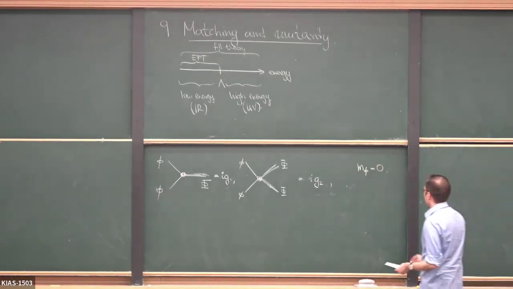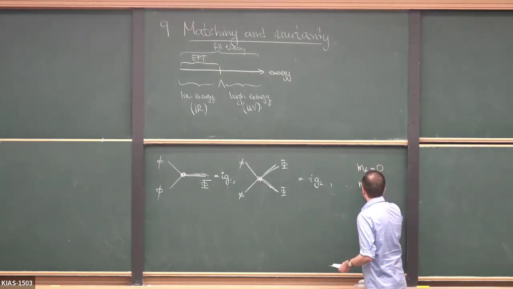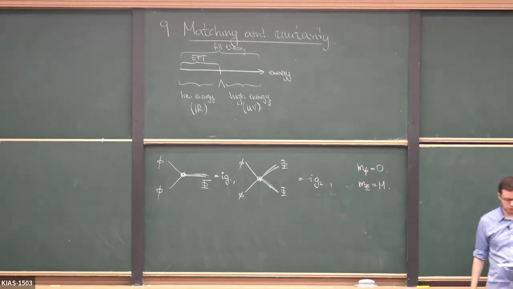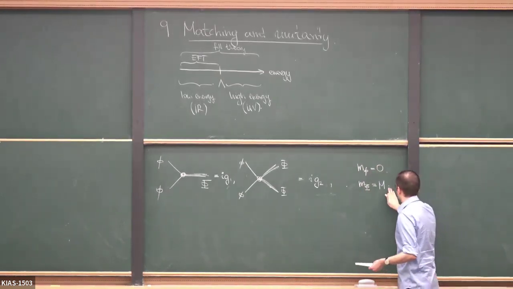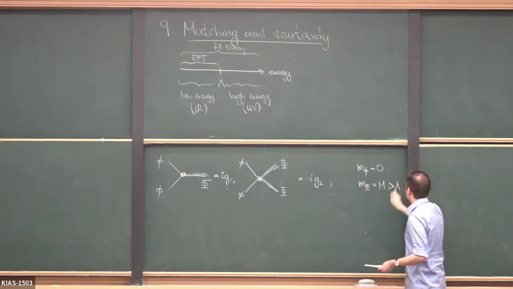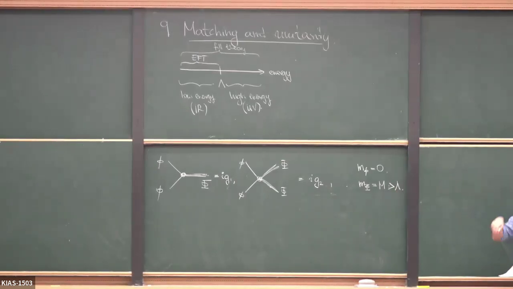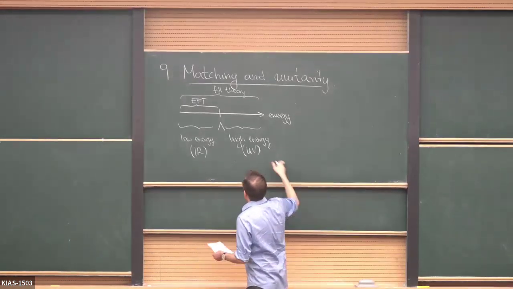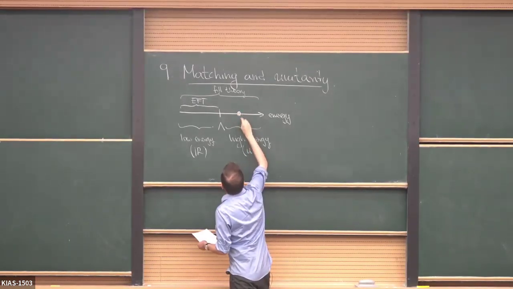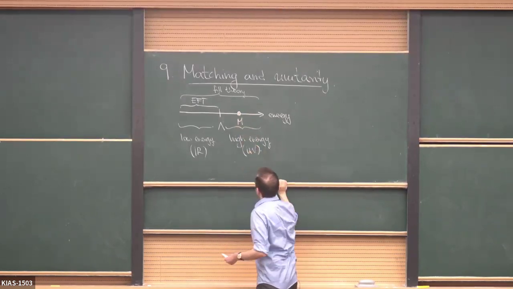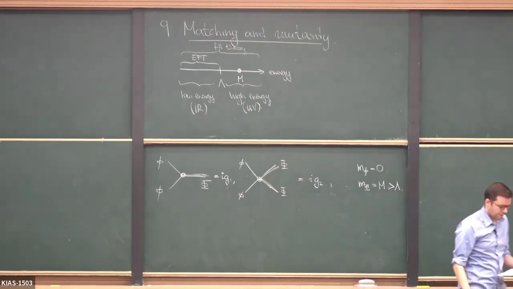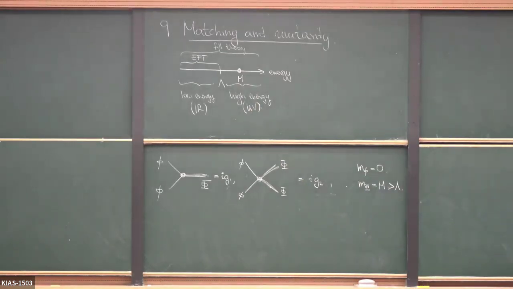And then the mass of the capital phi, let me just call it capital M to simplify my life. And then I'm going to put capital M above the cutoff. So of course, what this means is that now we have some heavy field sitting at some mass M. And then what we try to do is integrate it out and see what the effect of it is at low energy.